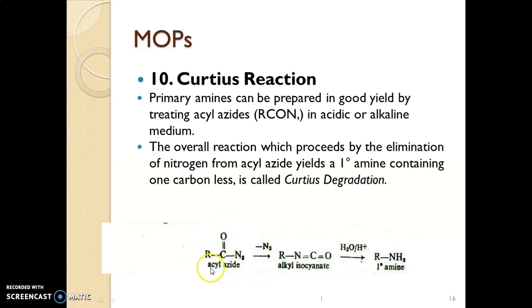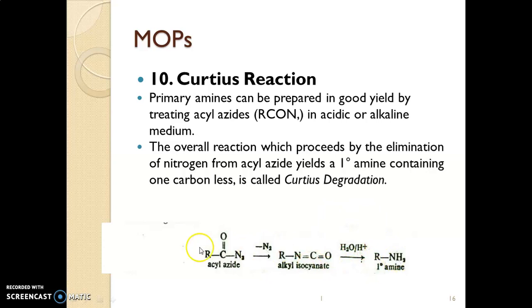See, all of you see, this is the example of acyl azide, RCON3. So this acyl azide in the acidic or alkaline medium, there is removal of nitrogen from this acyl azide, and first it forms the alkyl isocyanate, which on further hydrolysis produces the primary amine.